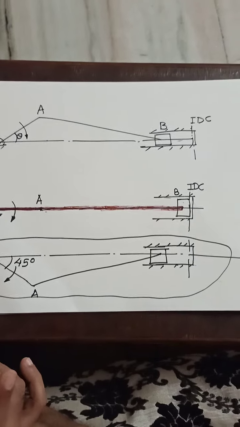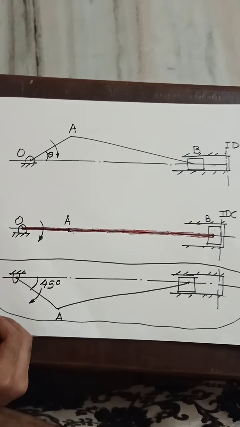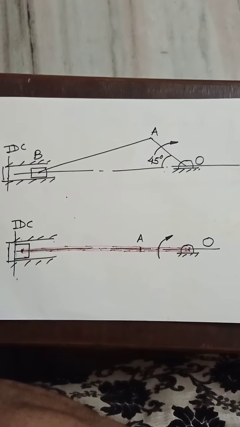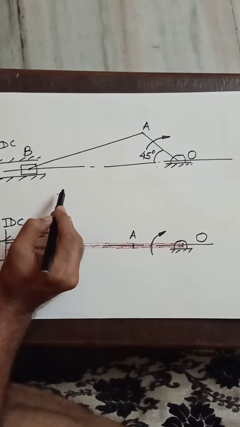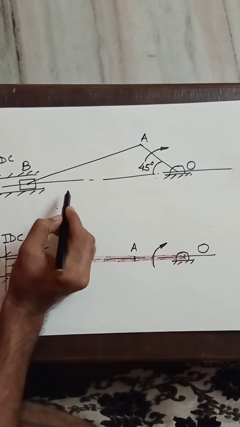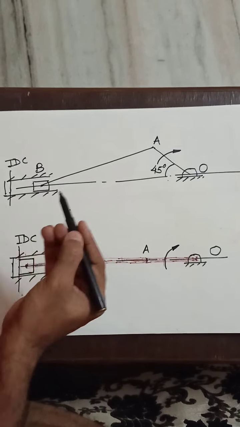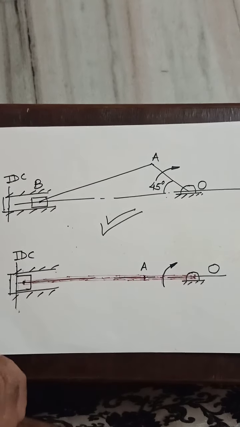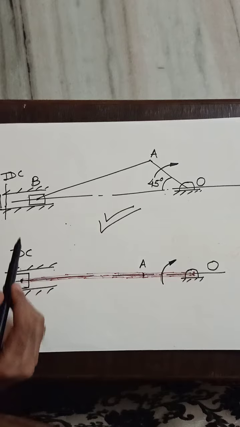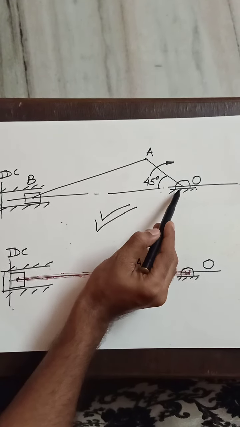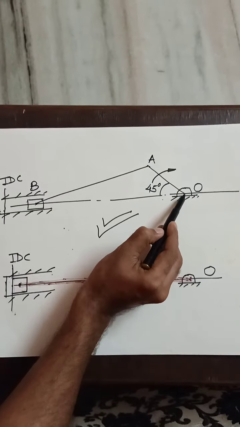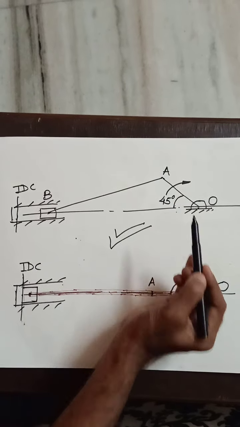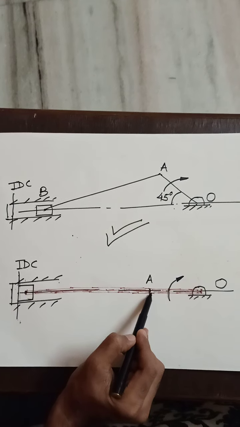Once again, we can use this particular space diagram for this problem, or we can use the other one. When I am solving the problem, I am going to use this space diagram. Once again I will repeat, this position of the crank shows 45 degrees from the inner dead center position.